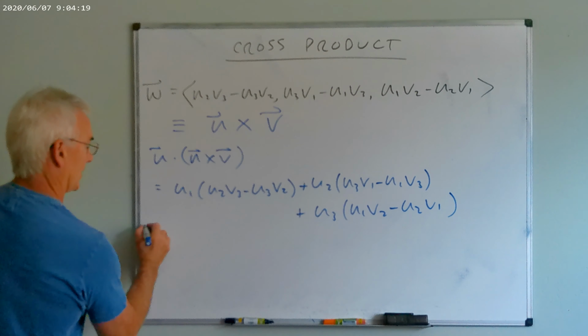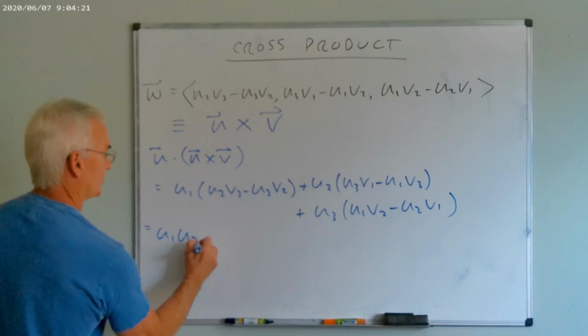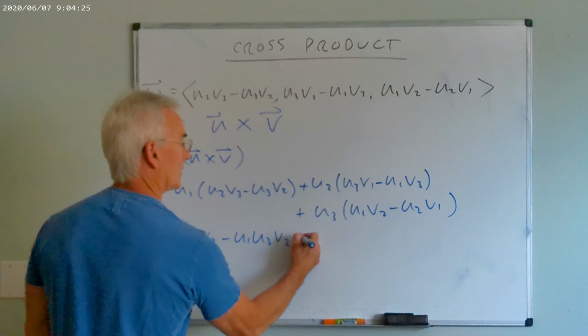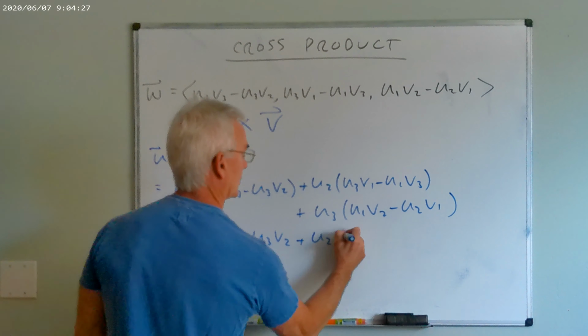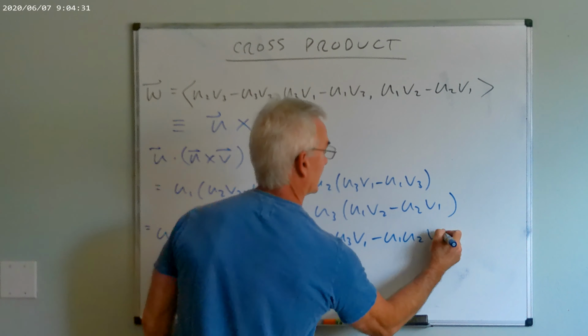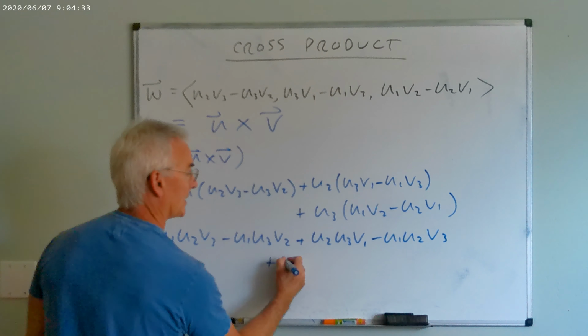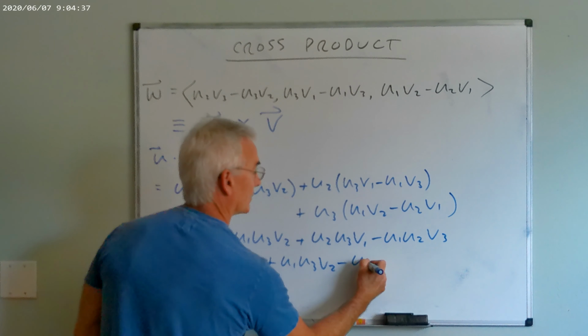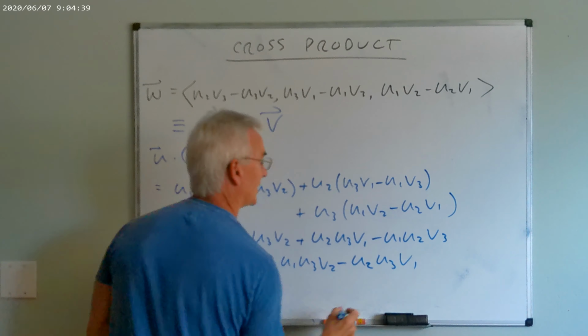If I distribute here, I get U1 U2 V3, minus U1 U3 V2, plus U2 U3 V1, minus U1 U2 V3, and finally plus U1 U3 V2 minus U2 U3 V1.